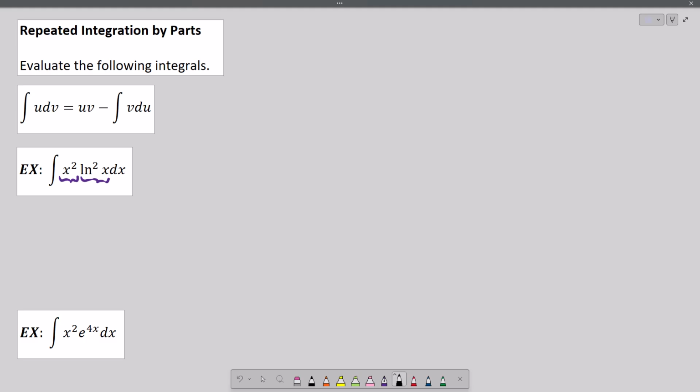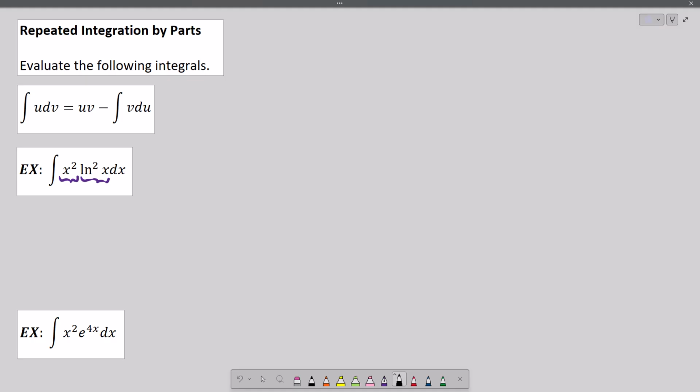So when we look at these two functions, natural log squared of x, we don't know how to integrate that. And we know how to integrate just natural log of x at this point. But even when you know how to integrate natural log, still putting x ln x minus x for your antiderivative is a little complicated. We still can't integrate natural log squared, though.